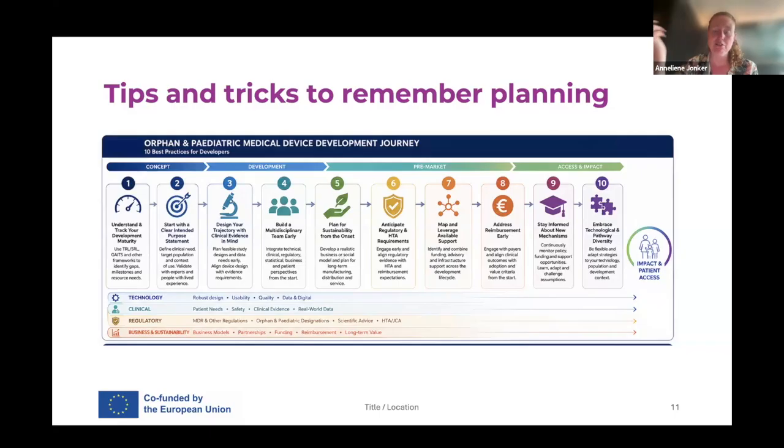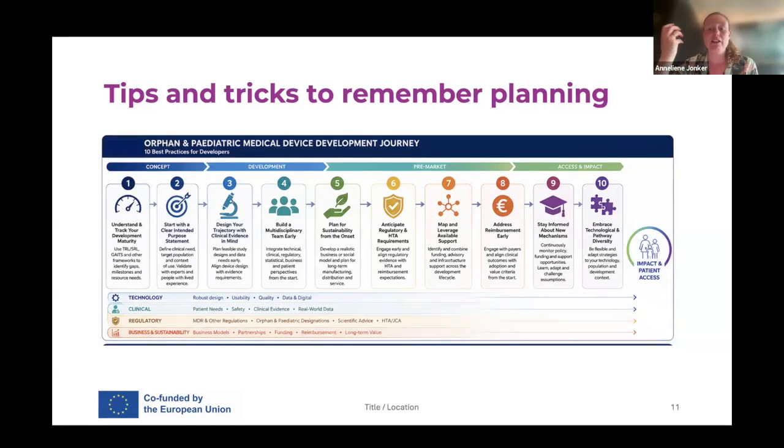Map and leverage available support is probably my biggest tip or trick throughout this procedure. There are many different tools, incentives, and ideas out there that can help, and make sure that you absolutely base yourself upon those and bring them together. And then also address reimbursement early on by aligning and engaging with payers and aligning clinical outcomes with the adoption value criteria from the start.